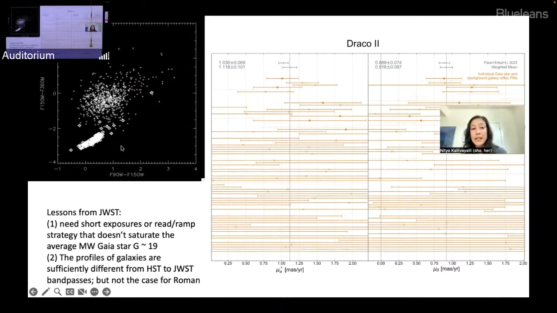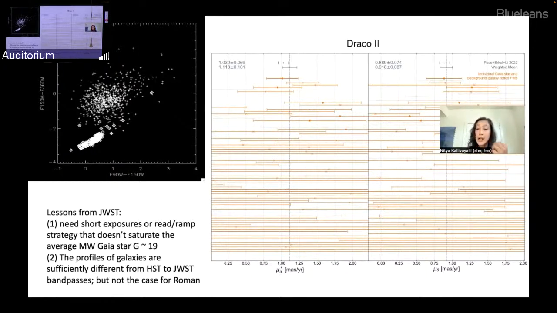So we use the color information to choose likely background galaxies, but we're still using a PSF at the moment to fit the center of these background galaxies. If you just do an average, you get to add a lot of galaxies, which does improve the precision. But there's still, I think, a lot of work to be done in calibrating the use of these galaxies in order to do this well.